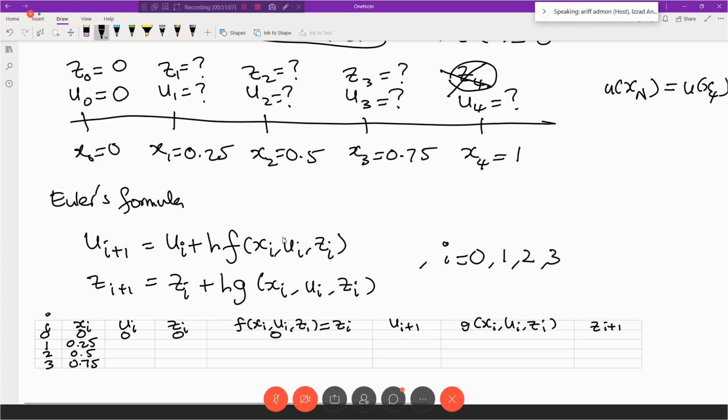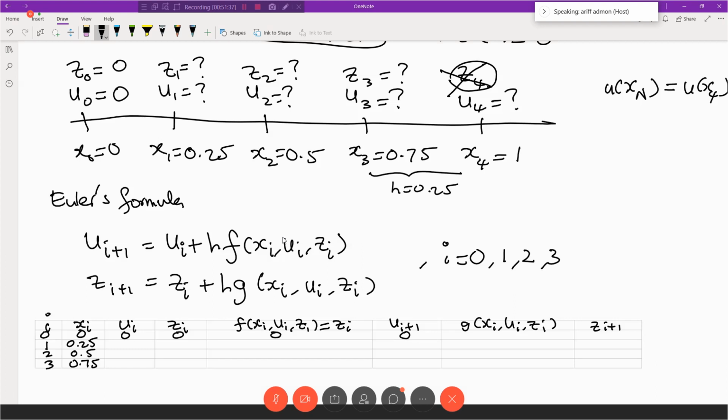Okay, next, calculate for your u. Okay, u1. So u1 is equal to u0, this is your u0, 0, plus h, 0.25, times f, and f is 0. So 0 plus 0, so here we are still getting 0.